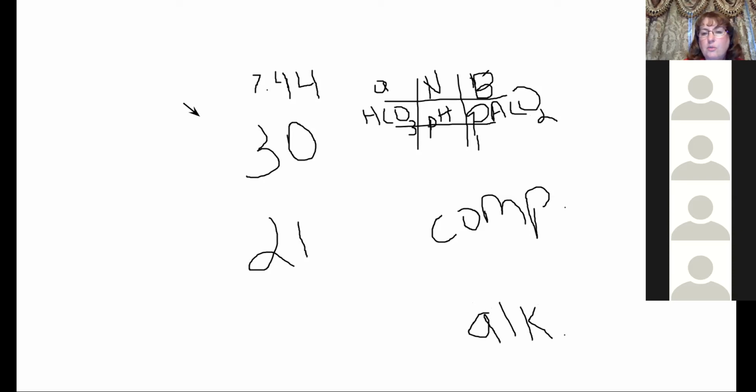This is your basic column, right? So this is the alkalosis. So we know it's respiratory alkalosis. We already figured out that this was an alkalosis problem, so we look in that alkalosis column and we see what's in there. And it's the respiratory part. So it's respiratory alkalosis. So this would be compensated respiratory alkalosis. That's what this is.